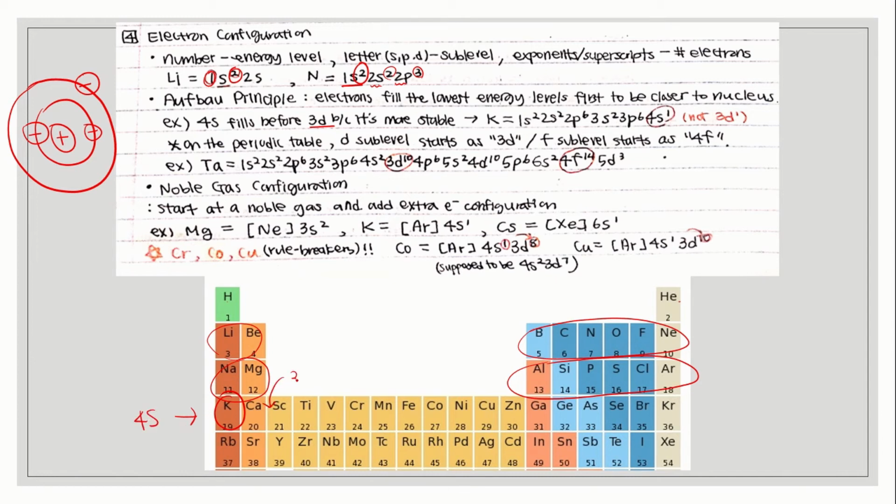This part is the 3d sublevel, but you see that the 4s sublevel comes first. So in the periodic table, D sublevel starts as 3d, which is this part, and F sublevel starts as 4f.